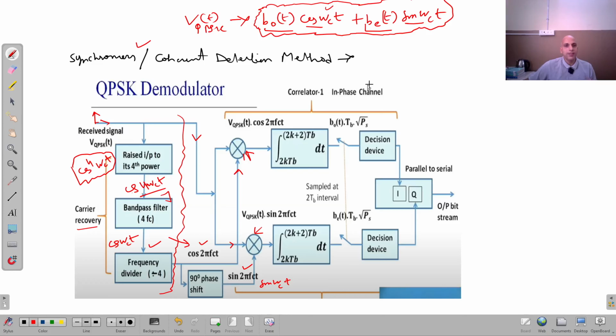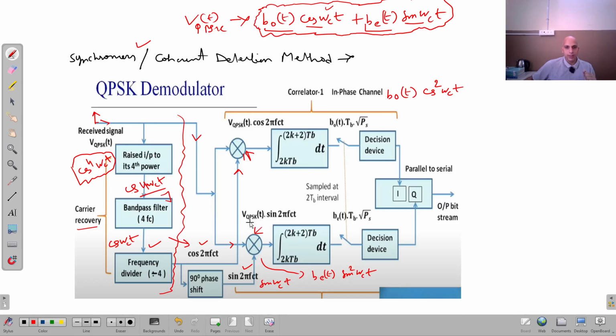So what will be the result? After the modulation, this cos of omega c t term will get squared. I will have b of t, the input bit stream, multiplied by the amplitude, already taken as 1, into cos square omega c t. Similarly here, I will get b even of t into sine square omega c t, because here we are multiplying it with the sine.